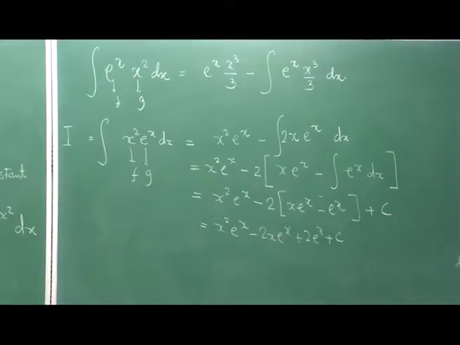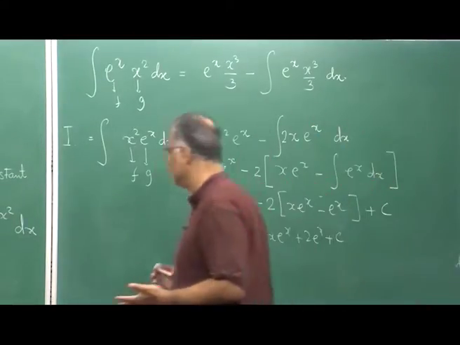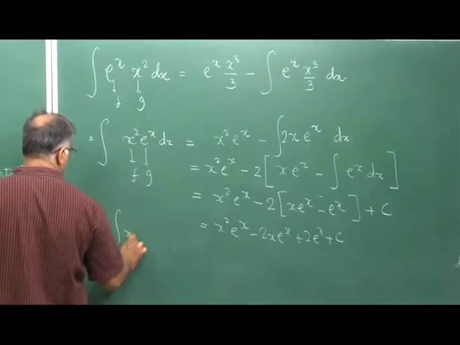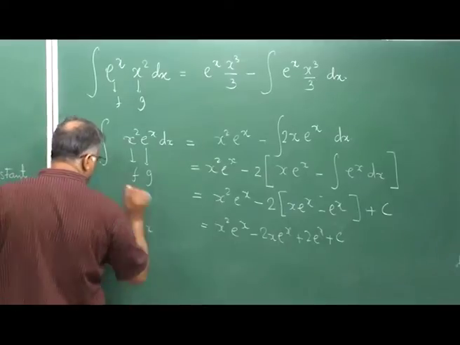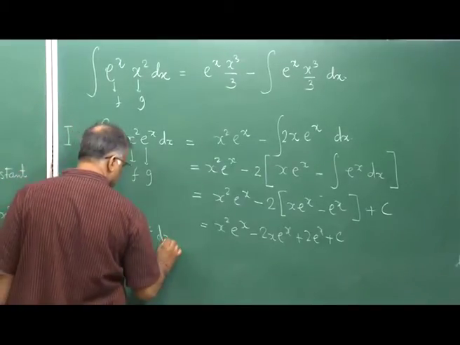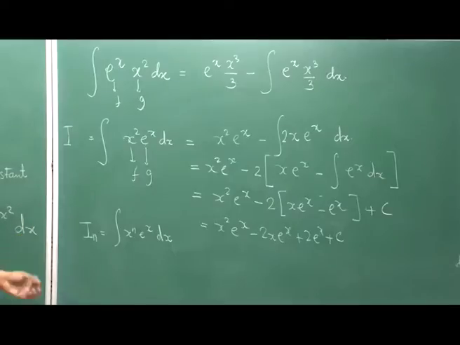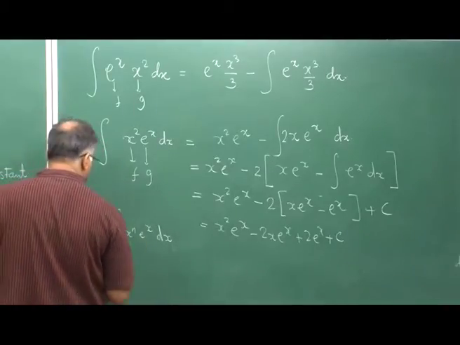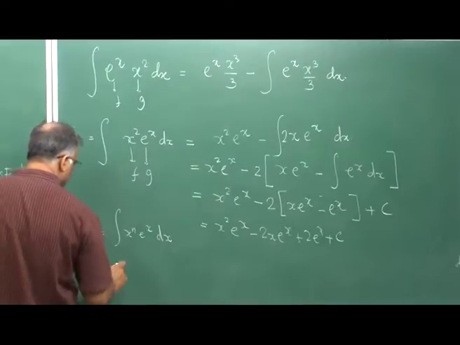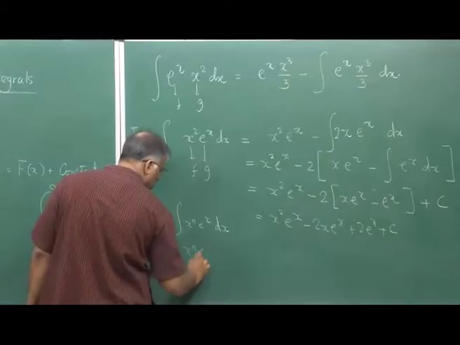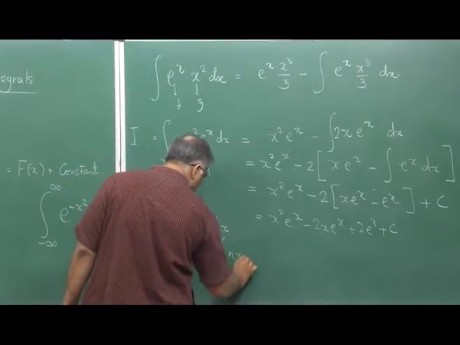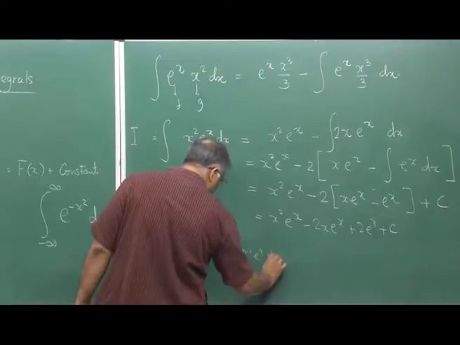So, now you can actually develop what are called recursive relations here. Basically, if I define I_n as integral x to the power n e to the power x dx, then how you can have a relation between I_n and its next one, I_{n-1} possibly here, because you can again switch this whole thing to have x^n e to the power x minus integral n x^{n-1} e to the power x dx.